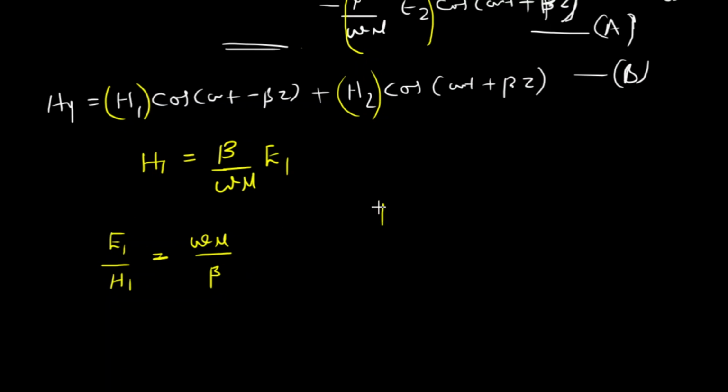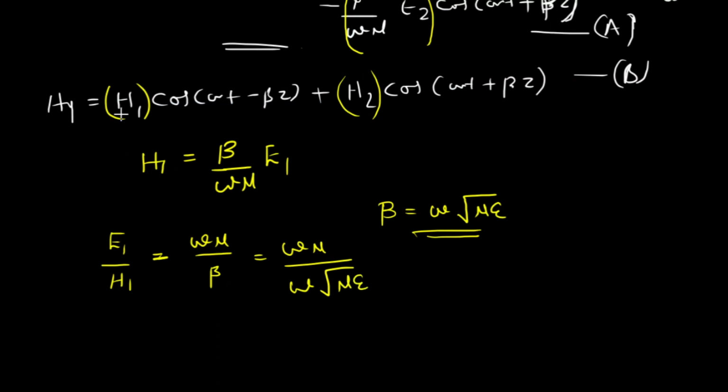In the previous video, I have already given you what beta is. Beta is the phase constant, given by omega into square root of mu epsilon. I will substitute that here, so this becomes omega mu divided by omega into square root of mu epsilon. Omega cancels.